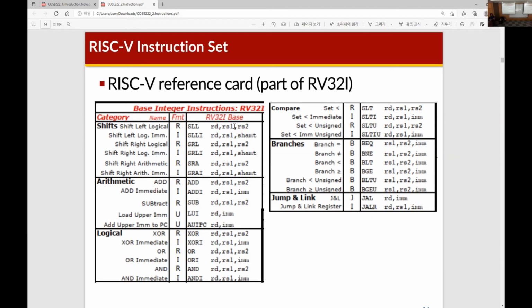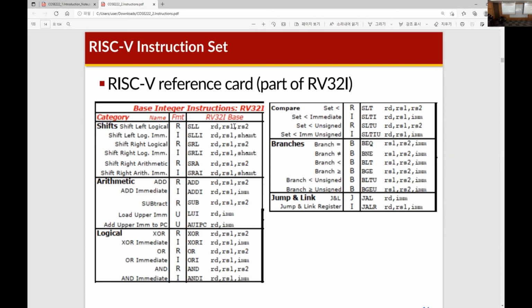On the reference card you can find the categories of the instructions, like shift instructions, arithmetic instructions, logical, branch, and jump instructions. Also, in the rightmost column, you can find the assembly instruction of RISC-V and the format of the instruction.